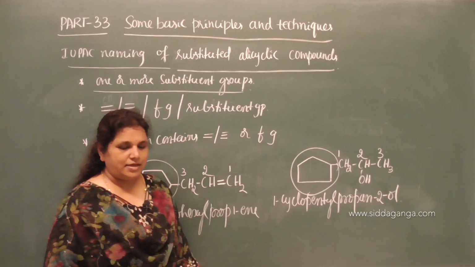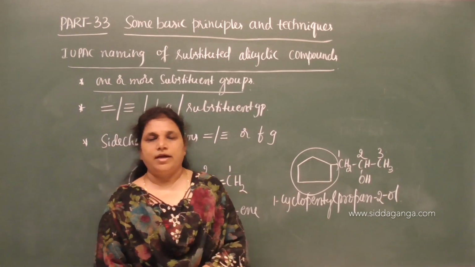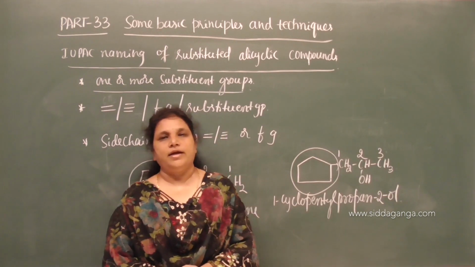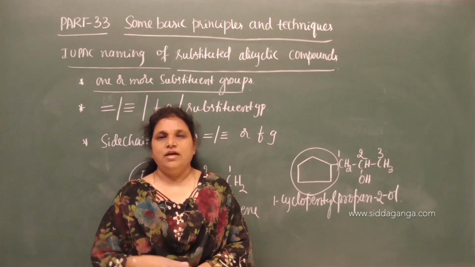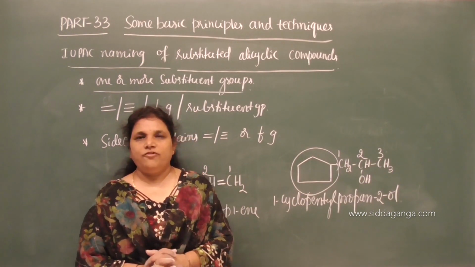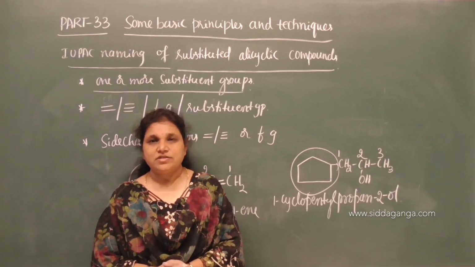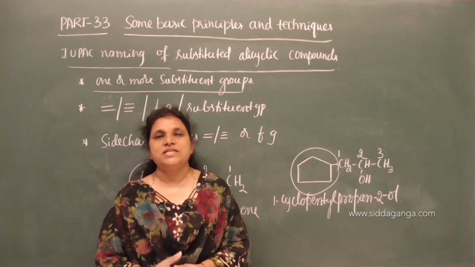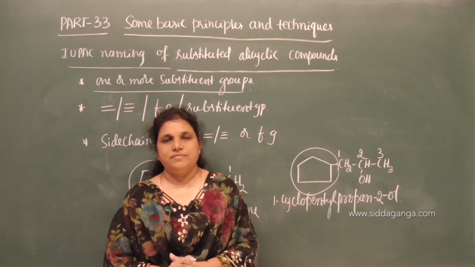In the next class, let us consider how we can name compounds containing carbon-containing functional groups attached to the alicyclic ring, and at the same time, if both the ring and the side chain contain multiple bonds and a functional group, how to name such compounds, with some examples in the next class. Thank you.